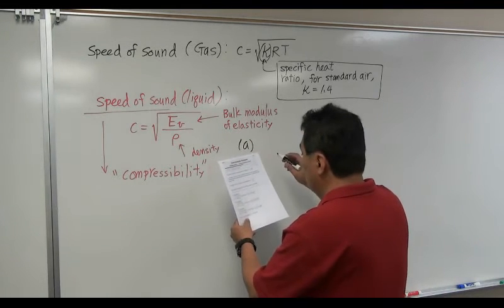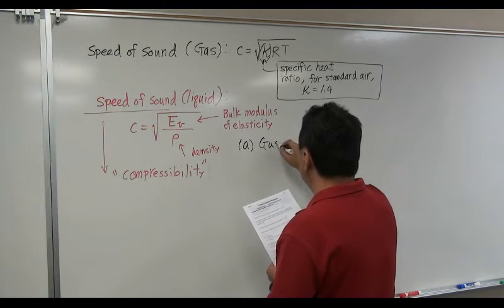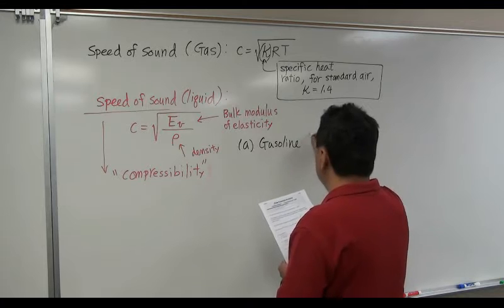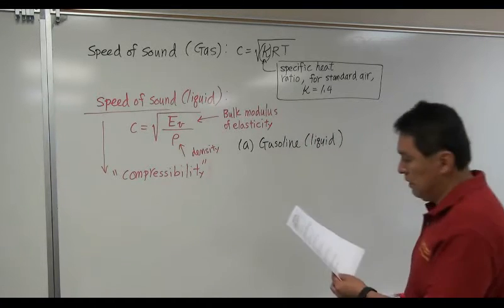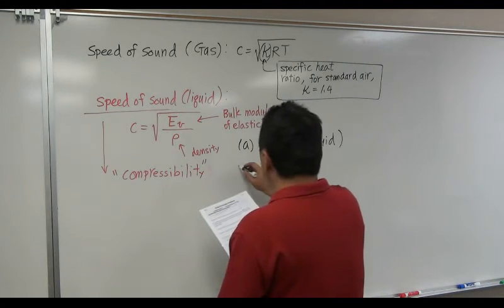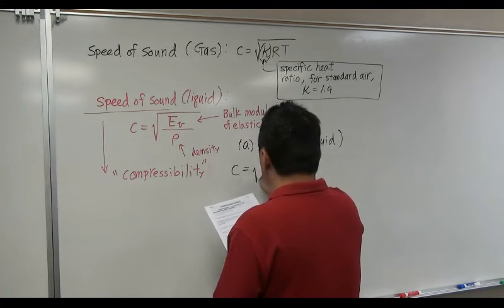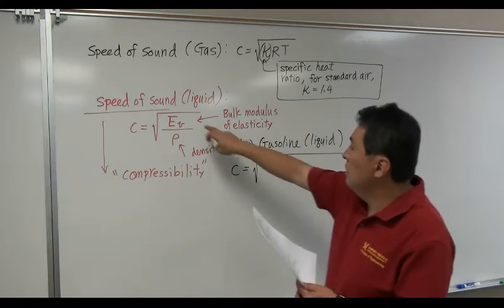A, gasoline. Assuming that the gasoline is a liquid, it's not the gas. Okay. Speed of sound is, like I said, the square root of EB over rho.